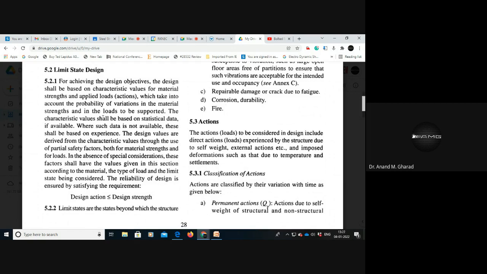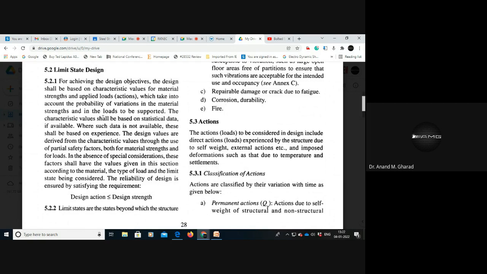When we are doing the hot rolling process, you will find that these two elements, although they are of the same cross section, same dimension, same size, the behavior may be different, because during the hot rolling process, as we have already discussed, there is a residual stress developed because of sudden temperature variation. The cross section is allowed to cool suddenly, and because of this some residual stresses are there.